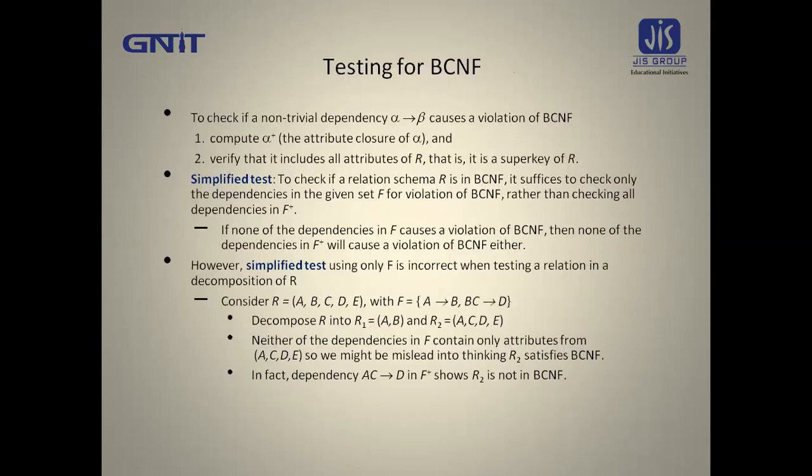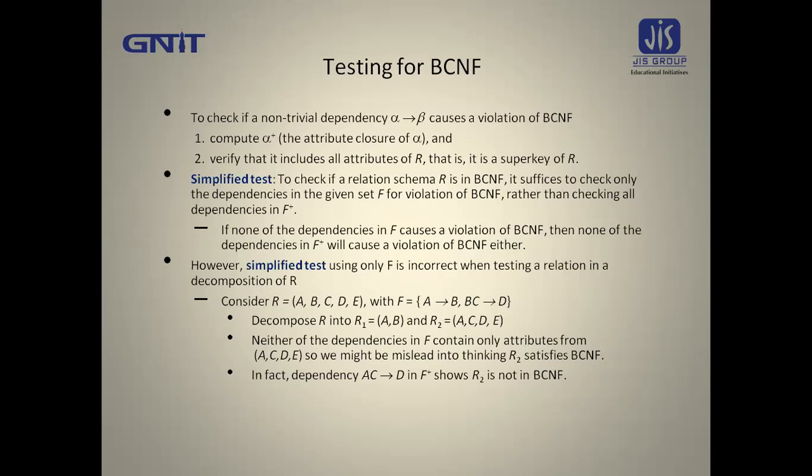So we are trying to decompose R into two new relations, R1 and R2, one having AB, another having ACDE. Now, neither of the dependencies in F contains only attributes from ACDE.